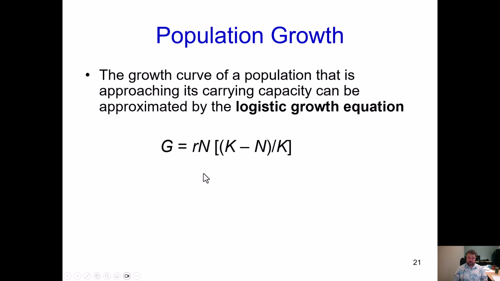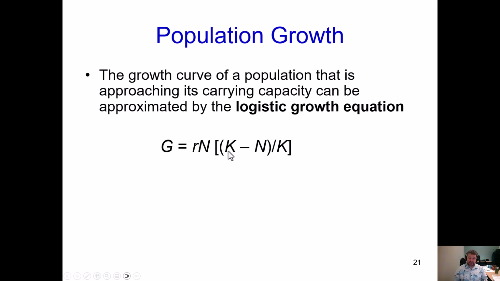Still, we're using our rate of increase, okay, which is again birth minus death plus immigration minus emigration, and the original population size. But now we have this other component, this carrying capacity. If we know how many organisms can be established in the given region, then that's our K. Like, how many organisms can that environment sustain?